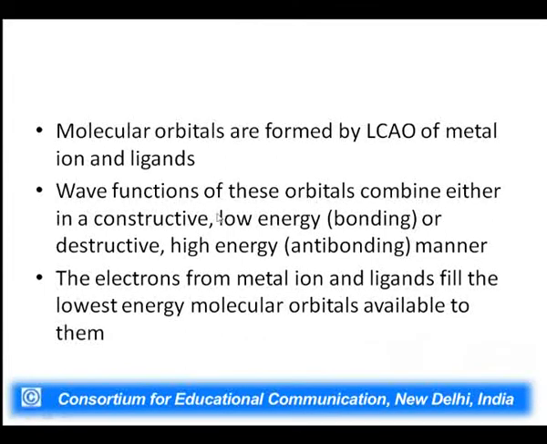If the orbitals combine in a constructive manner, a low energy bonding orbital is formed, and if it is in a destructive manner, then a high energy anti-bonding situation arises, as we have seen. Now, the electrons from the metal ions and the ligands fill the lowest energy molecular orbitals available to them.